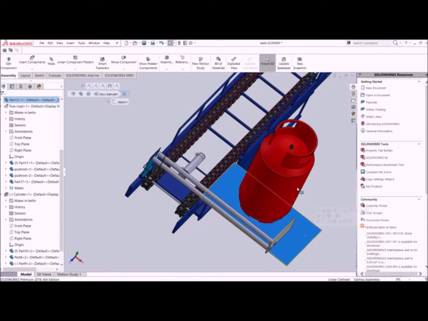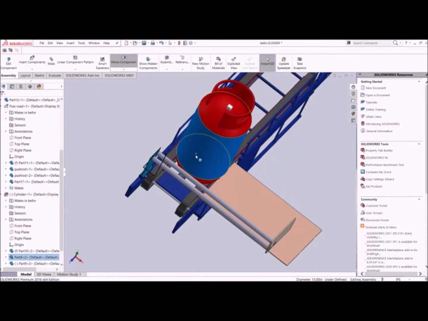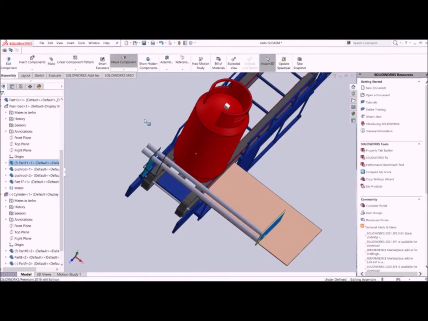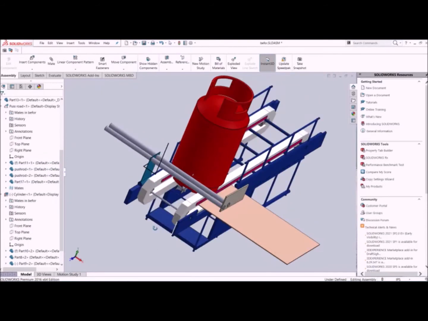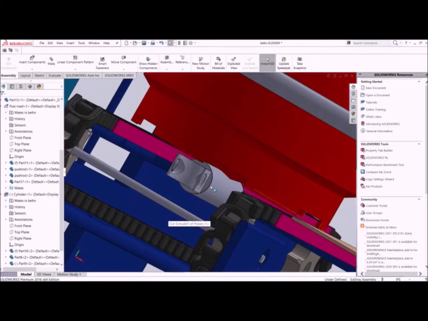Suppose this is our carousel plate, and this is the puller, and this is the full or filled cylinder. When the puller pulls the cylinder from the carousel to the conveyor, sometimes the cylinder gets stuck on this sliding roller.